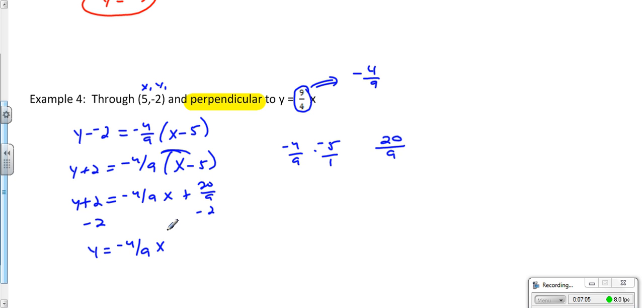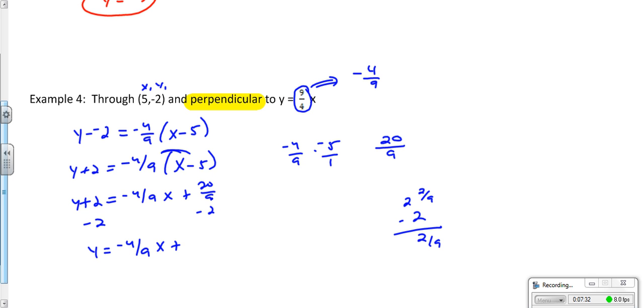And I believe if we put that together, 20/9 minus 2 would be, I think 20/9 is the same as 2 and 2/9. So if you take away 2, you just end up with 2/9.